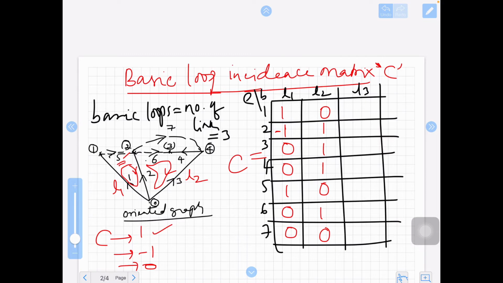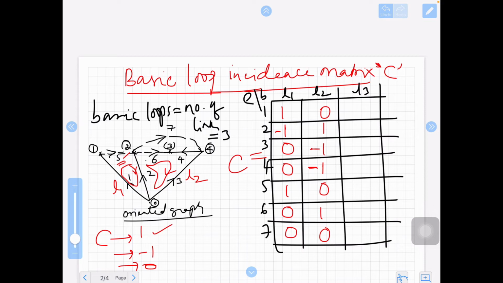The second element is in the same direction, it is going up, and this is also going up. The sixth element is also clockwise, but the fourth element current direction is opposite to that of the basic loop L2 direction, therefore fourth is -1. And the third element current direction is also opposite to that of the basic loop, so the third element is also -1.